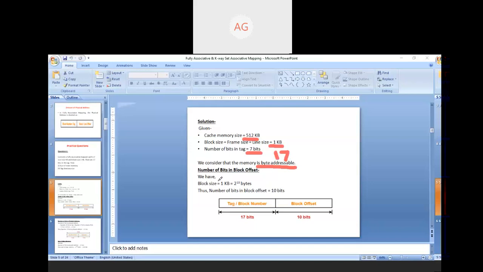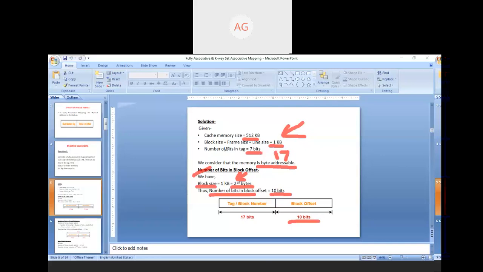The number of bits in the block offset we can find from the block size, which is 1 KB. So 1 KB is equal to 2 to the power 10 bytes. Whatever is written as the power of 2 is the number of bits, so 10 bits are in the block offset.